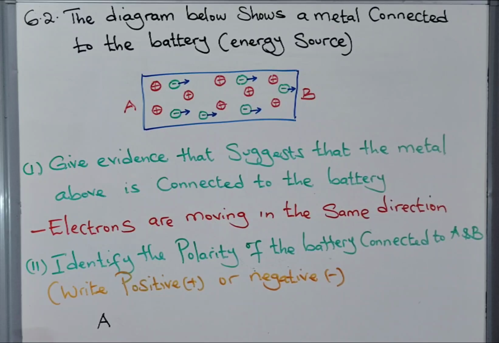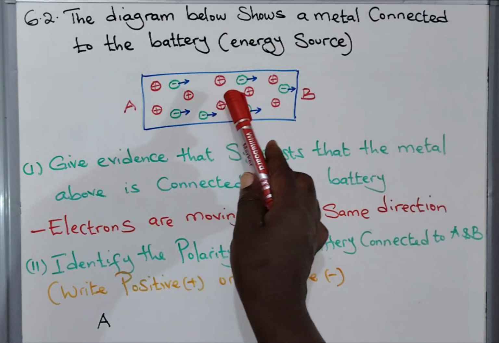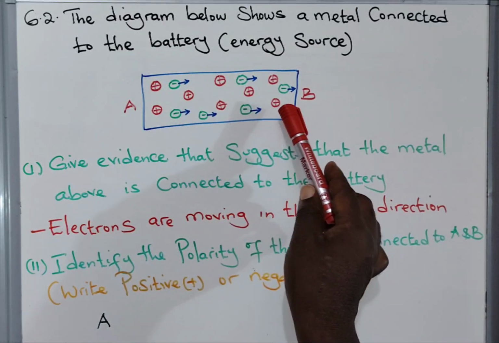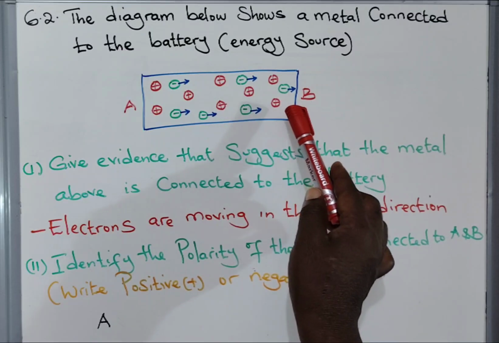Then we come to this one. It says, identify the polarity of the battery connected to A and B. They say write positive or negative. Okay, how do we answer this one? The answer depends on the direction of electrons.